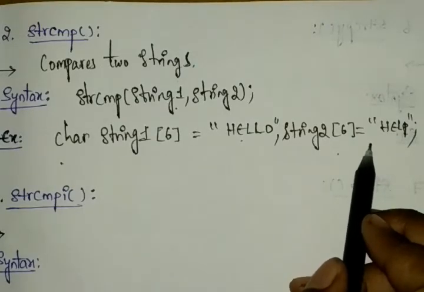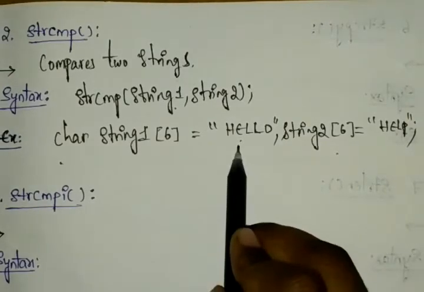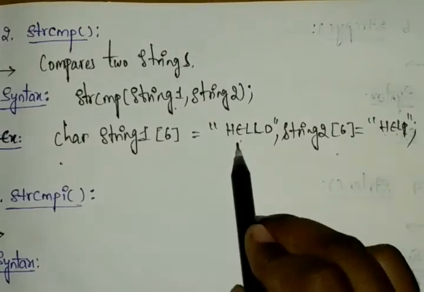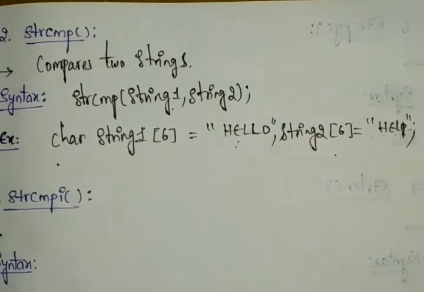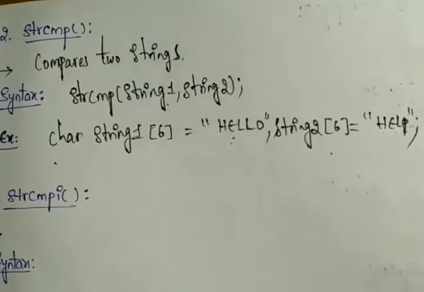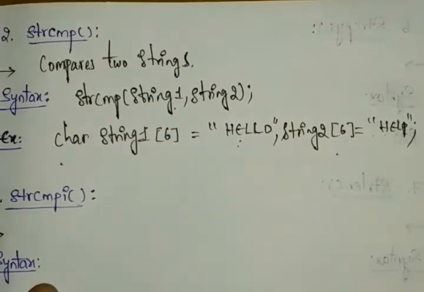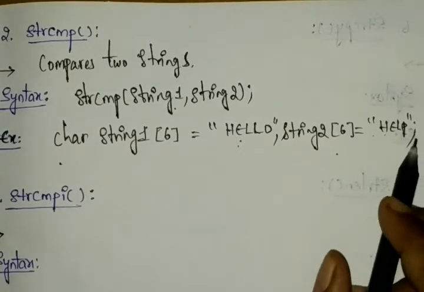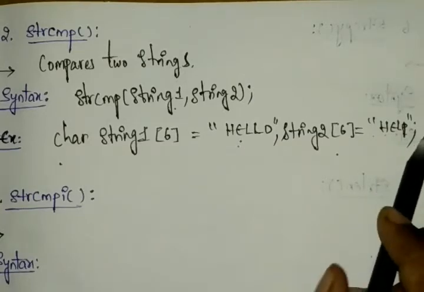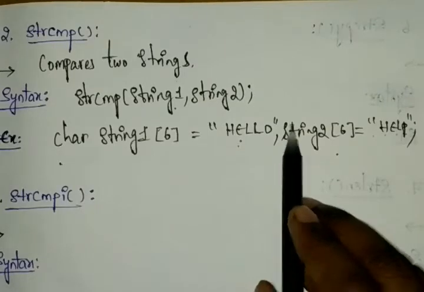So you can observe that the first two letters, H and E, are the same in string 1 and string 2. After that we have L, which is also the same. Then P has the ASCII value 80, and O has the ASCII value 76.